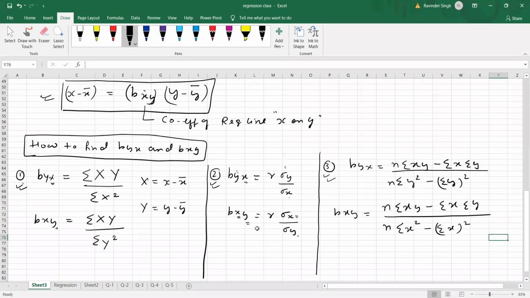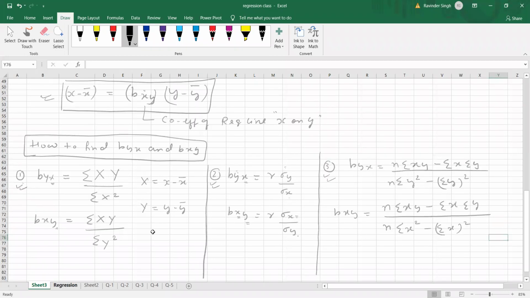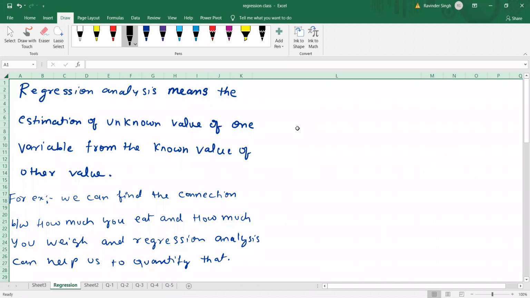All right. So let us see some theory behind this. I've already written here. Regression analysis means the estimation of an unknown variable, which is generally called the dependent variable, from the independent variable.